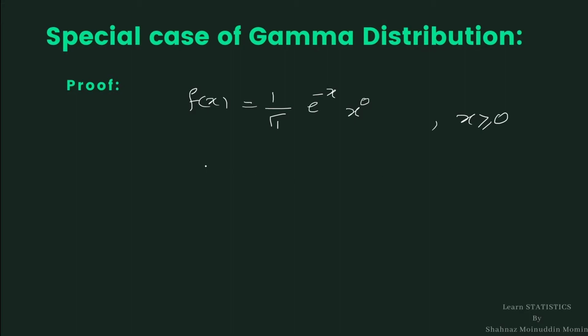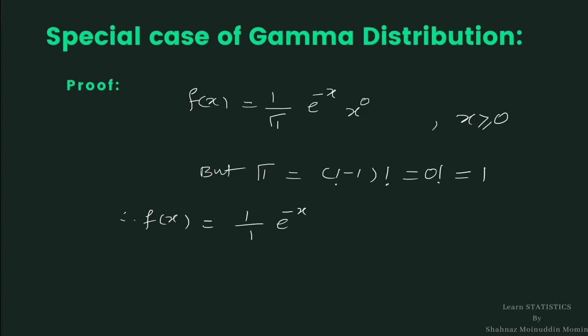We know that gamma 1 is equal to 1 minus 1 factorial. So it is 0 factorial, and 0 factorial is 1. Therefore f(x) equal to 1 by 1, e raised to minus x, and x raised to 0 is also 1.